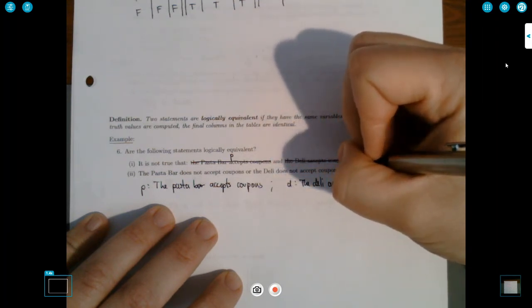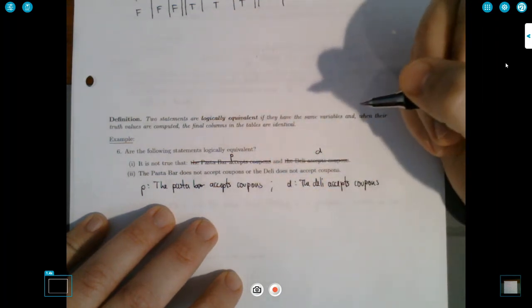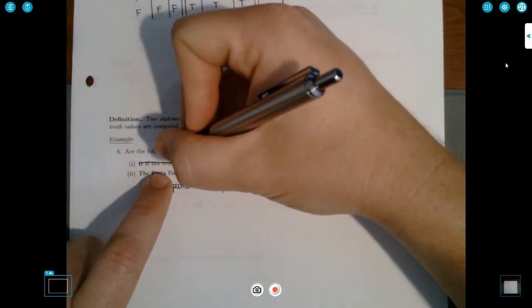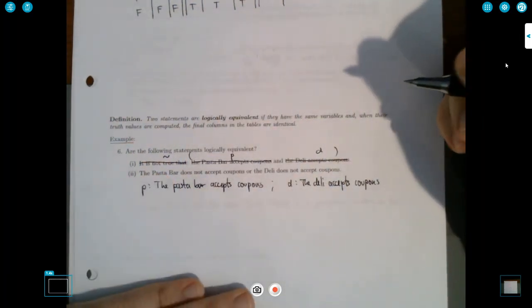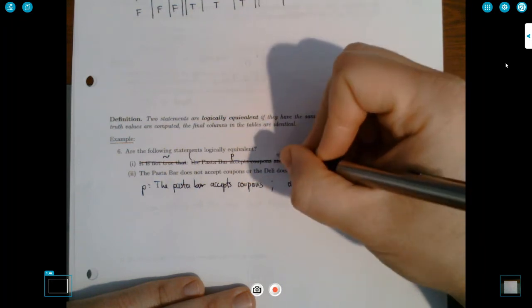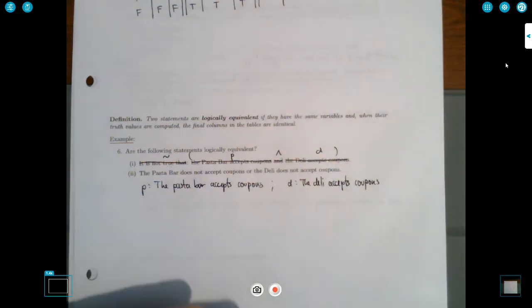We're going to think of that as D. It is not true that we can think of as a negation. So it's tilde. But we're negating this whole thing. And then finally, the and is a conjunction, right? So that first statement in logic symbols would just be not (P and D).